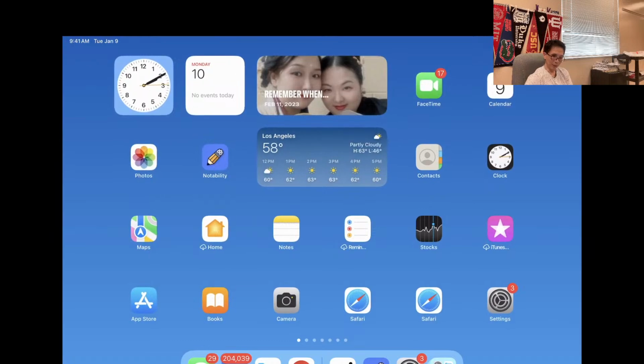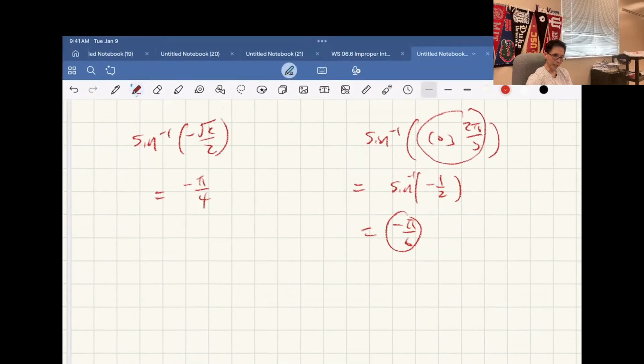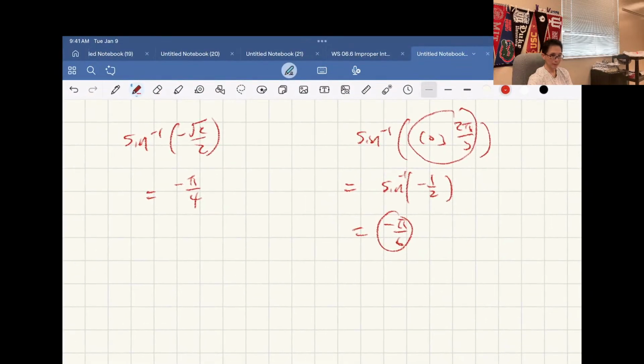So probably something like, can I ask you sine inverse of negative 4 over 5 and cosine of this.